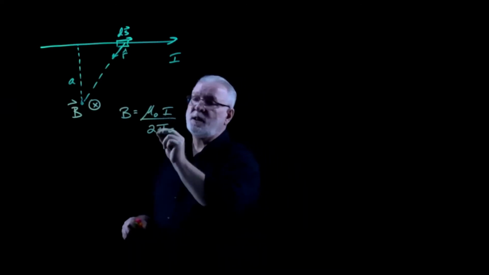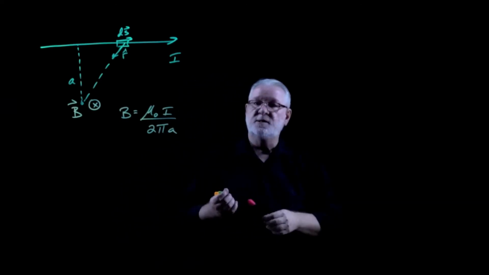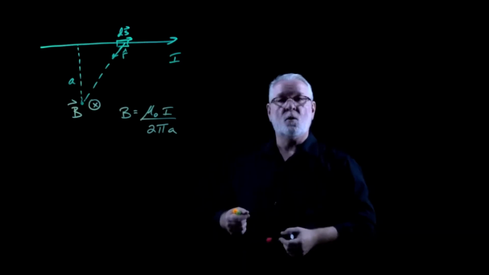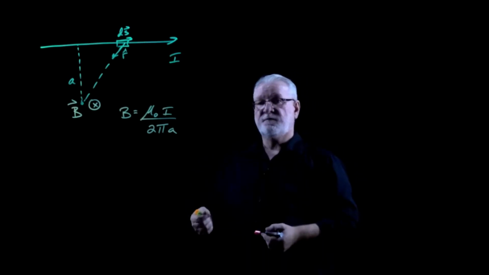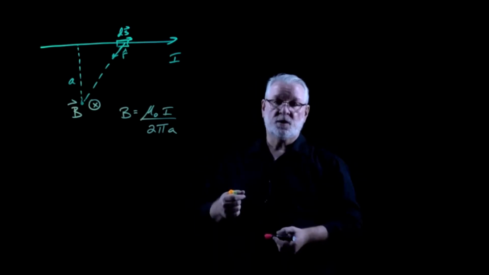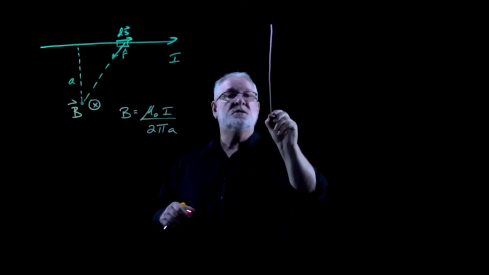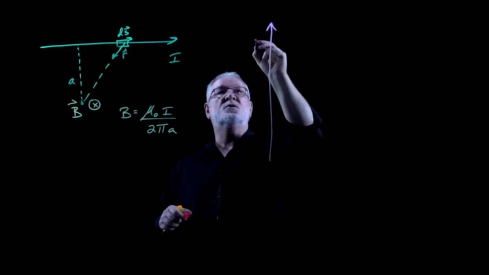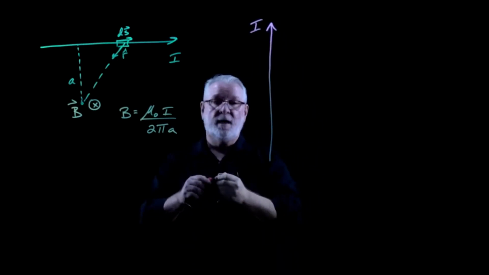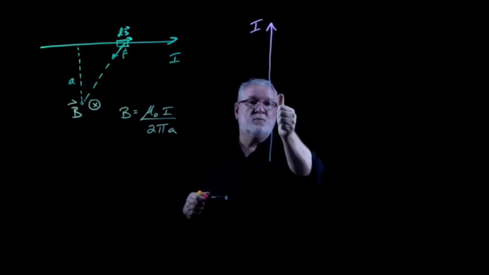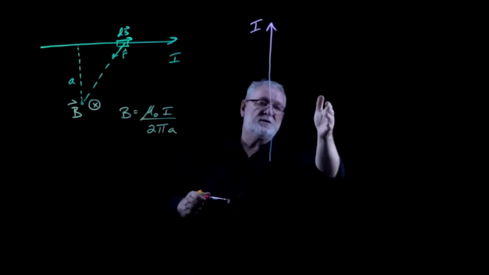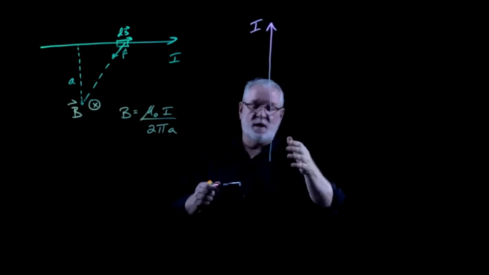Well, let's utilize this as a model to actually derive the new way that we're going to go about finding magnetic field. And it's called Ampere's law. Let's take a look at it. I'm just going to change the orientation of this so that we can work a little bit easier. So this will be the current traveling straight up. Basically, the right-hand rule tells me that the magnetic field is going to go through the board towards you on the right side.